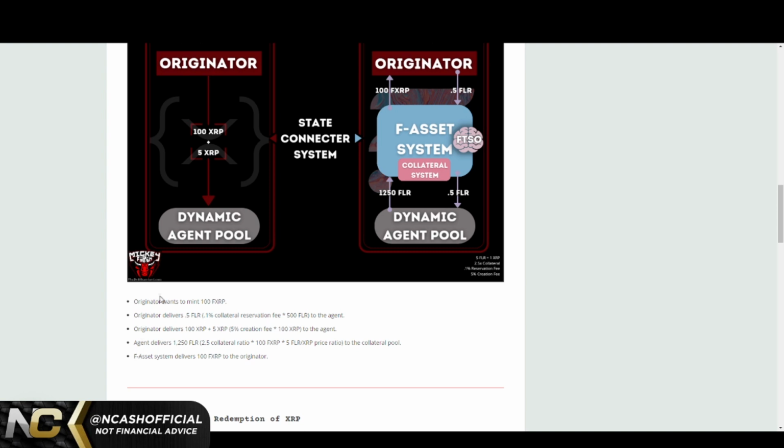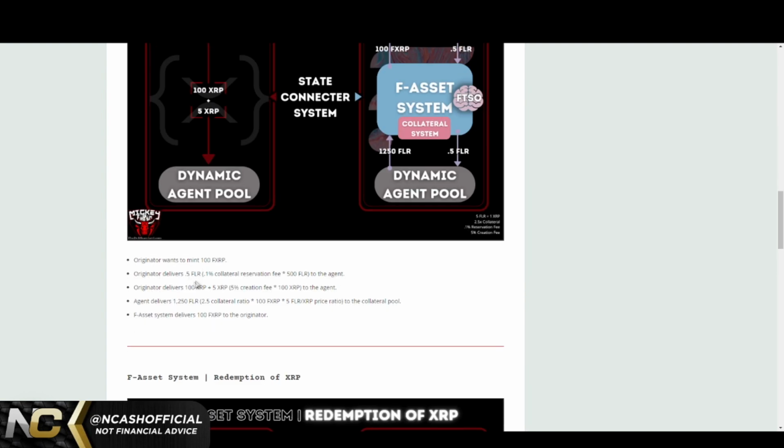We do see here, originator wants to mint 100 FXRP, originator delivers 0.5 Flare, 0.1% collateral reservation fee, times 500 Flare to the agent. Originator delivers 100 XRP plus 5 XRP, 5% creation fee, times 100 XRP to the agent.